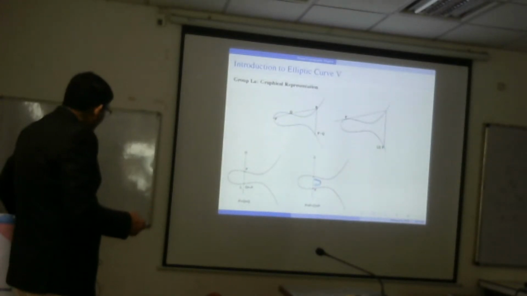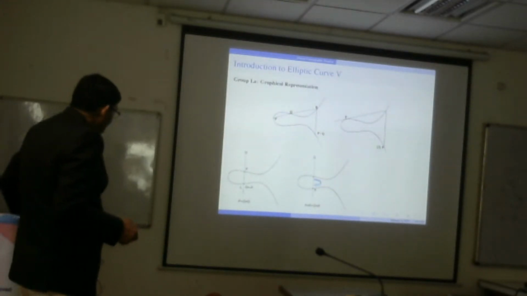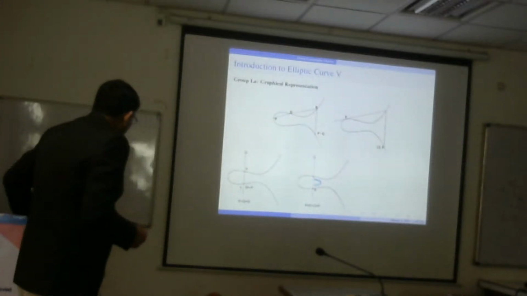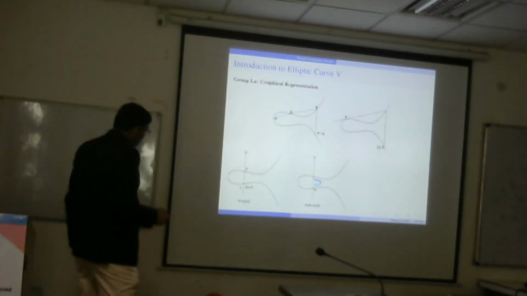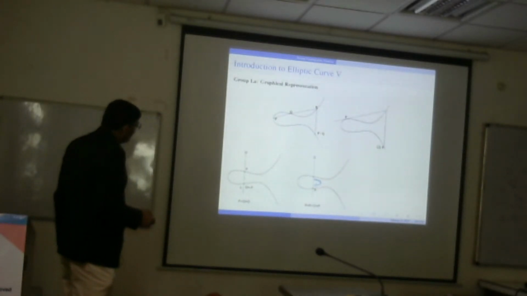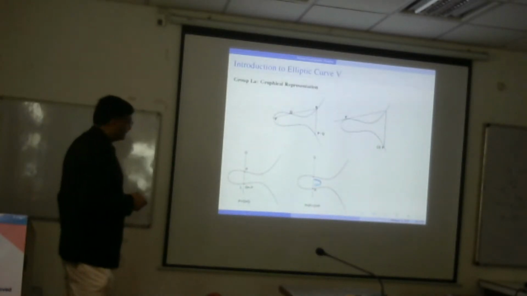Now suppose you want to find the identity, where P plus 0 equals P. We consider the point at infinity as the identity. If you add P and this point, the line intersects at a third point, and taking the reflection gives P. So P plus 0 is nothing but P.